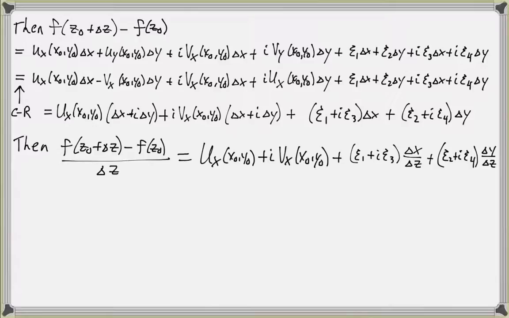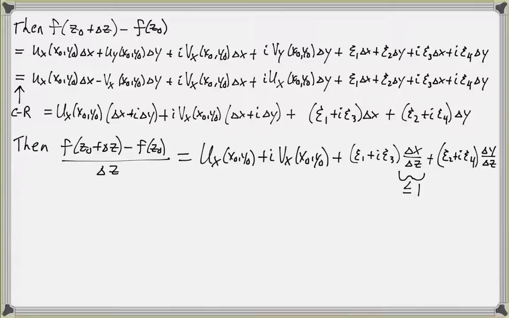So I'm going to take the limit as delta z goes to 0, and we know that the epsilons go to 0 as delta z goes to 0, but the quantity delta x over delta z, does that go to 0 or 1? Well, this expression will always be less than or equal to 1, since delta x is the real part of delta z.